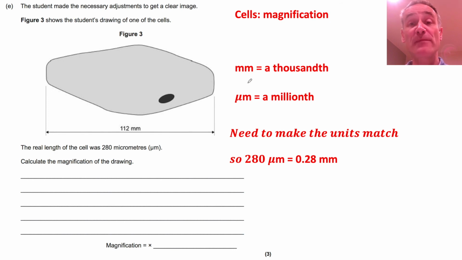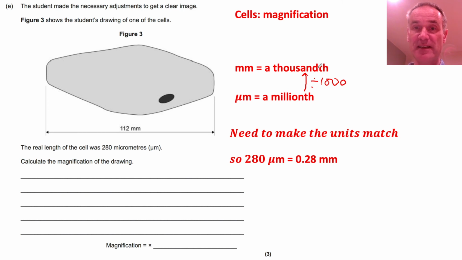So first of all, remembering milli is 1,000th of a meter, and micro is 1,000,000th of a meter. So this is 1,000 times smaller than this. If you're going to convert from micro to milli, you're going to have to divide by 1,000, because this is 1,000 times less than this.